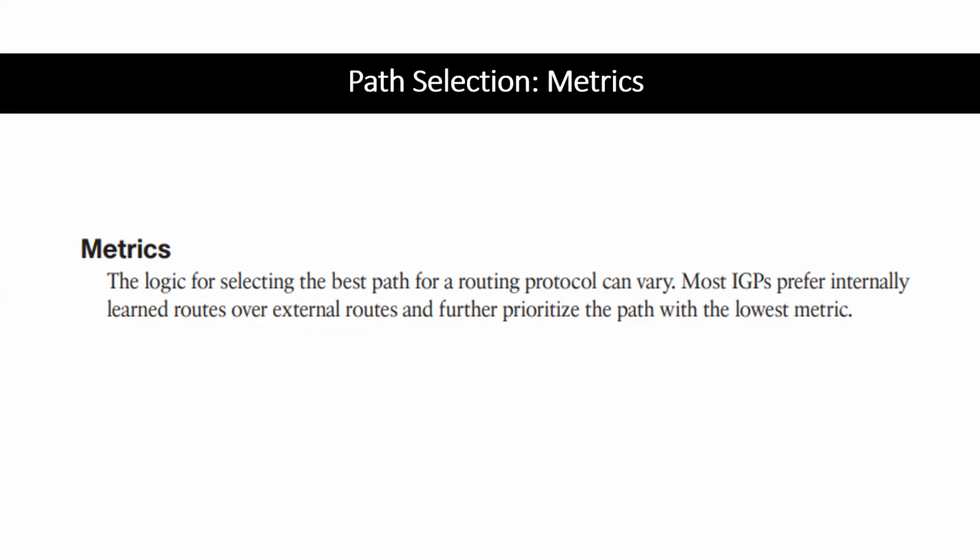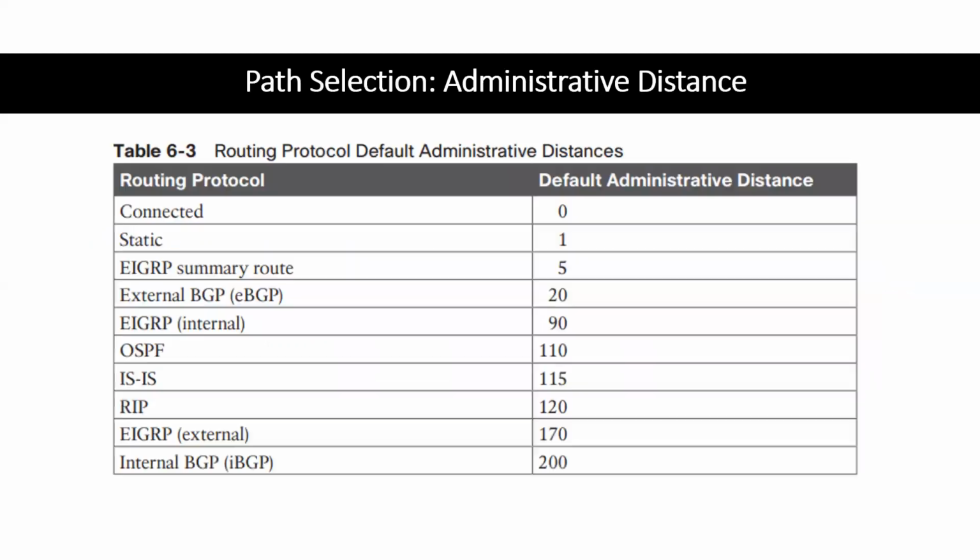Now let me make a point here. Metric isn't going to be used if AD is already decisive. If we have routes learned from OSPF and routes learned from EIGRP, maybe a metric in OSPF is low by OSPF standards, and a metric in EIGRP is a little bit higher by EIGRP standards.